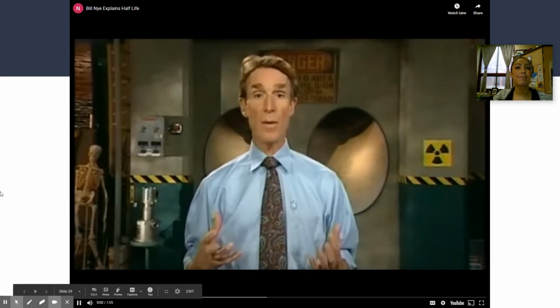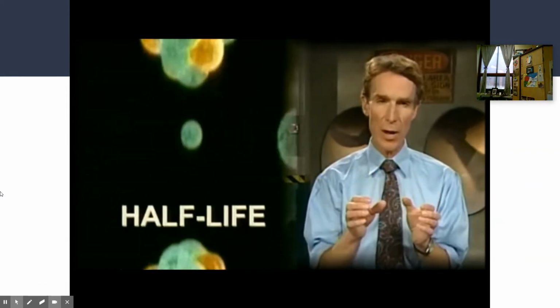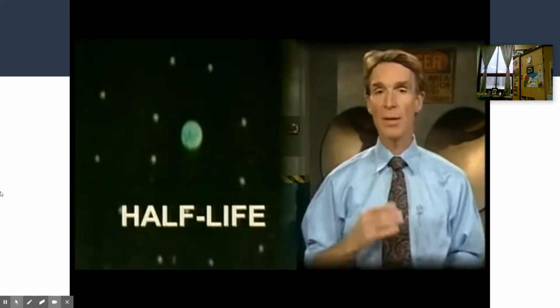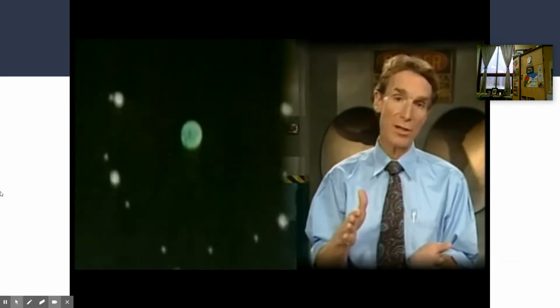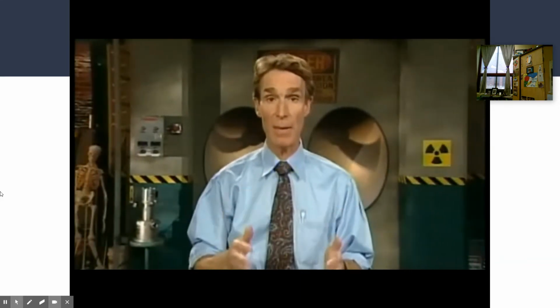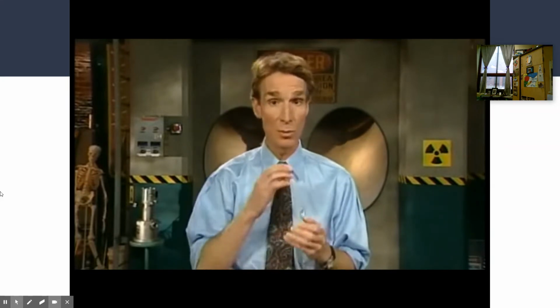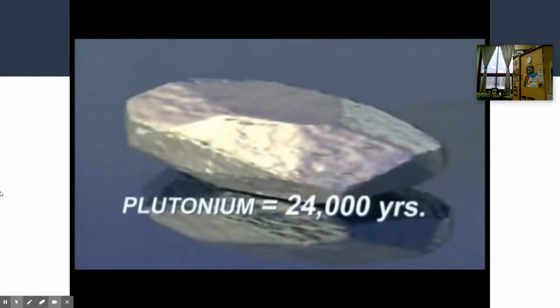We measure radioactivity in what's called half-lives. You see, the atoms in radioactive material spontaneously just break apart or decay. Now, we can't tell when an individual atom will decay, but we can tell when a fraction of them will. So a half-life is the amount of time it takes for half the atoms in a piece of radioactive material to break apart. Now, plutonium has a half-life of 24,000 years.